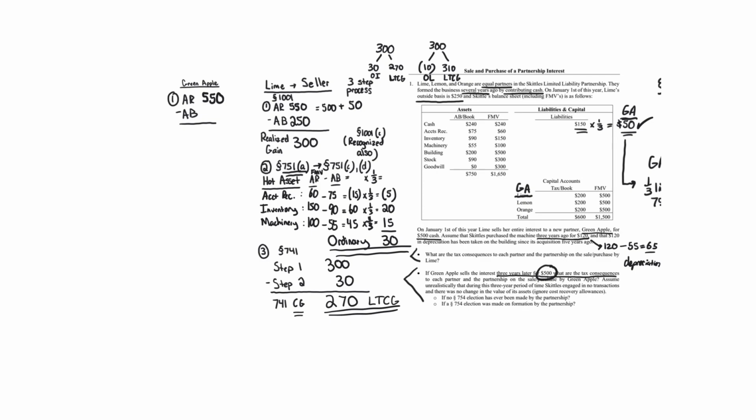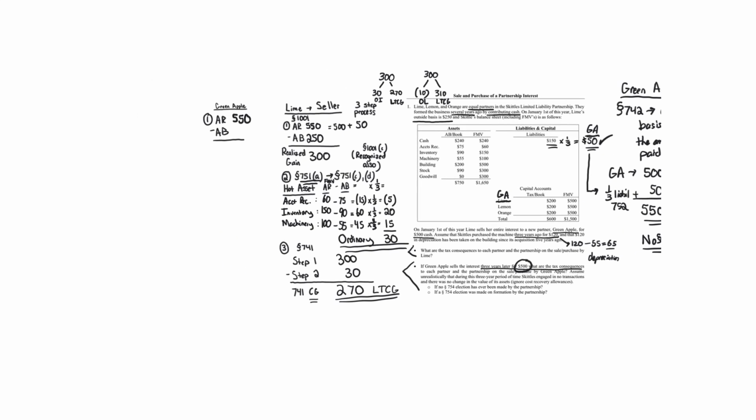However, the adjusted basis of Green Apple is different than Lime. Remember, the outside basis we determined is $550. So minus $550. So step 1 is 0. Realized gain or loss and recognized gain or loss under step 1 is 0. Okay?